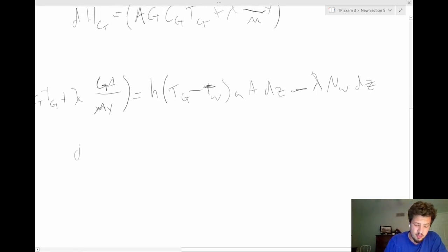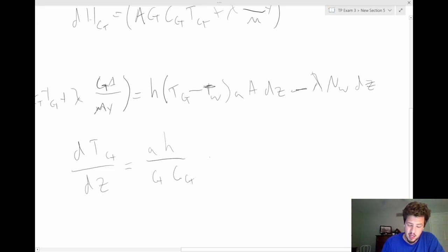So we are left with the change in the temperature of the gas with respect to position is equal to the cross-sectional surface area times the heat transfer coefficient divided by the gas flow rate times the heat capacity of the gas times the temperature of the gas at that location minus the temperature of the water. Now this is our third and final differential equation.